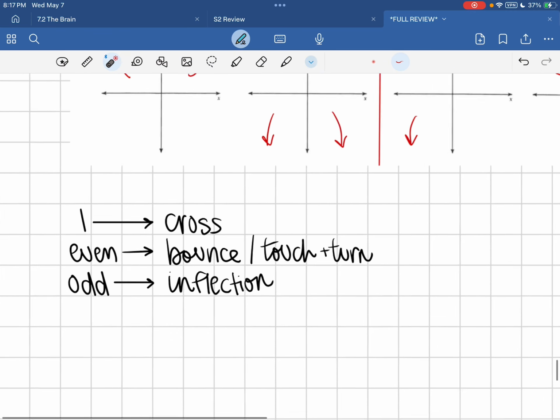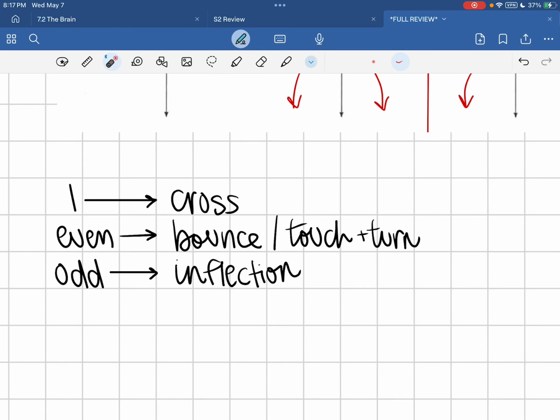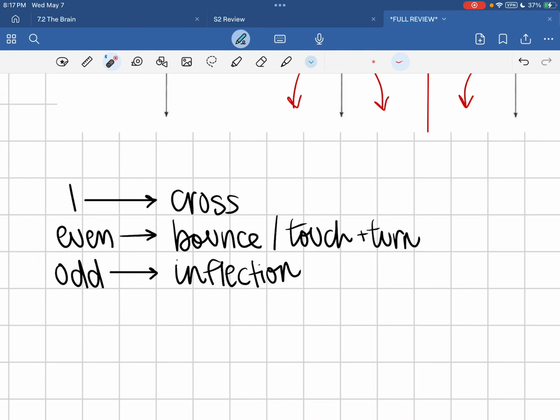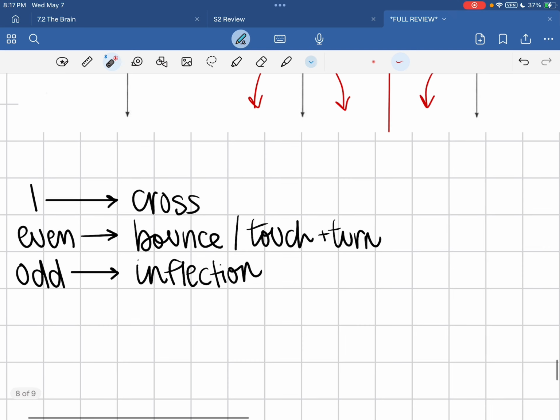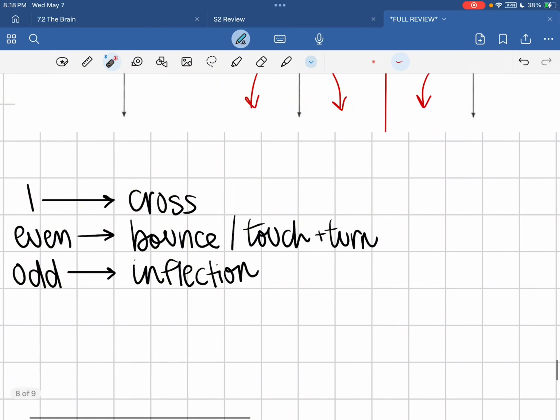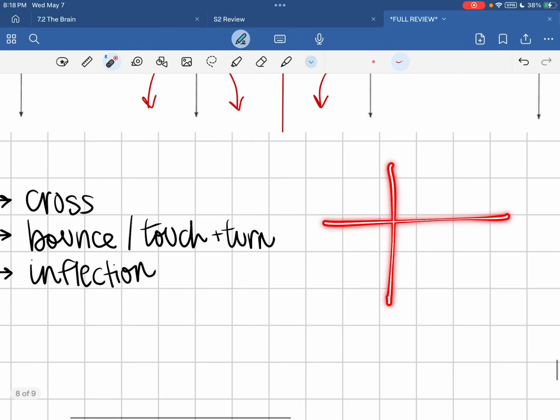And then for multiplicities, if that's a multiplicity of 1, so just like x plus 1 or x plus 3, those will have a multiplicity of 1, which means it will just cross through the x-axis. If it's even, so x plus 4 squared, or to the 4th, those are when it's going to bounce or touch and turn, which is like this.